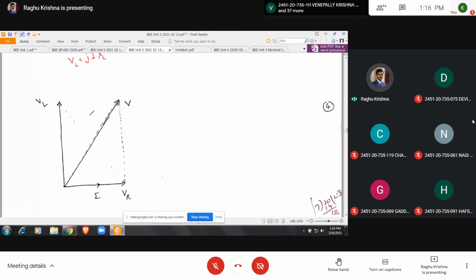If you add VL and VR, you are going to get the supply voltage V. Here also you can draw the lines actually. This is the phasor diagram for RL load.